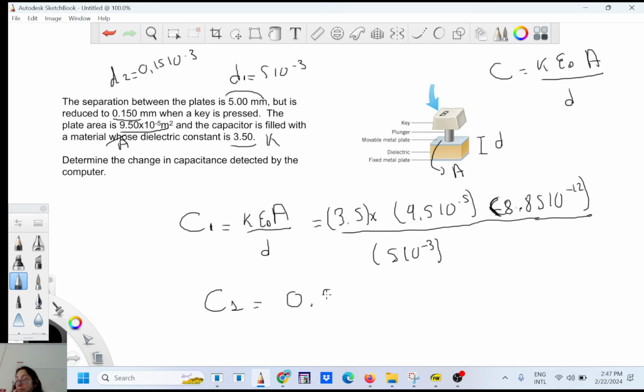So 0.589 times 10 to the negative 12 farad. Did you get that? No? Yeah? No, 10 to the negative 11.